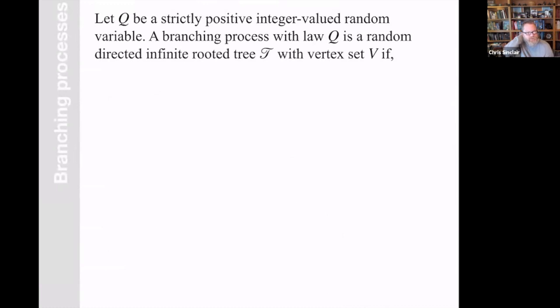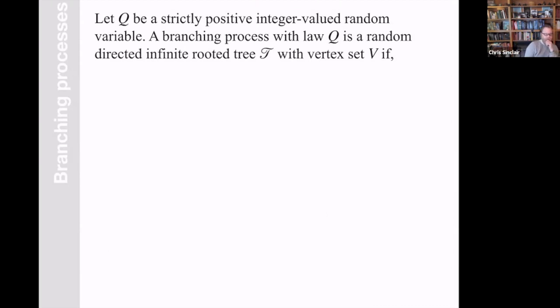Okay, so the situation I'm going to move to is actually going to be a random tree eventually. So what I want us to think of is let Q be a strictly positive integer valued random variable. Okay, so just a random variable that takes positive integer values.